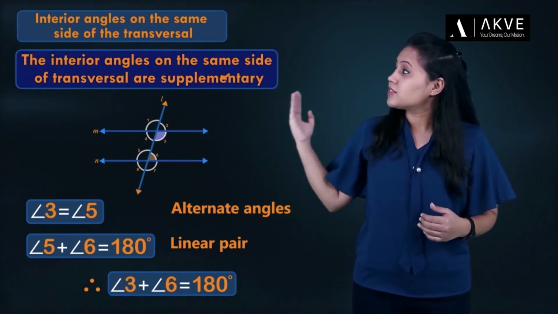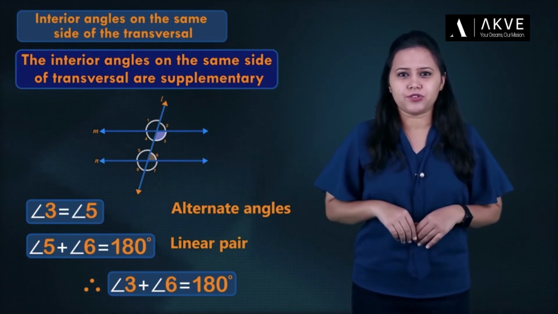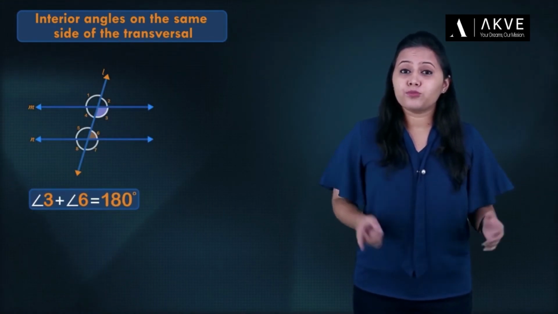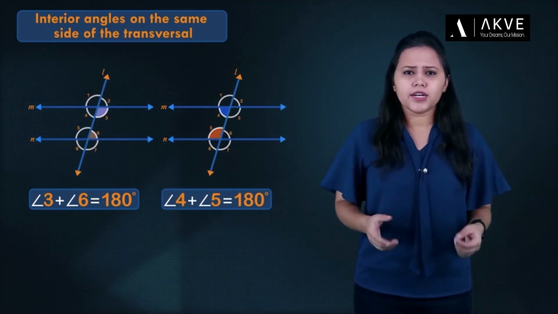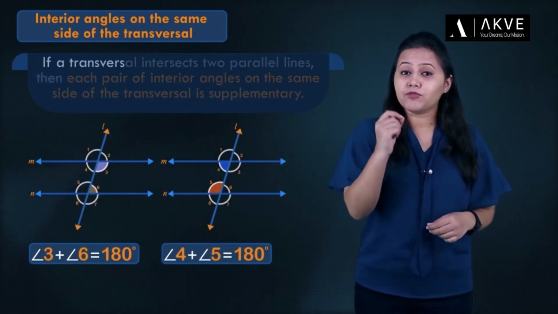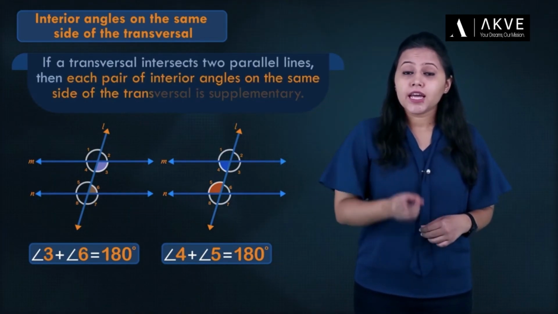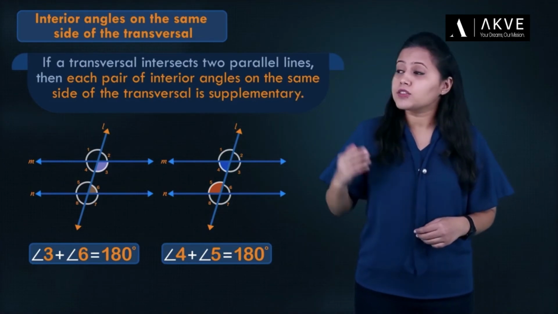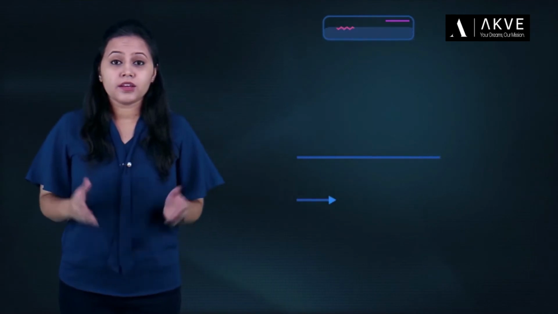This means the interior angles on the same side of transversal is supplementary. We can also prove the same for angle 4 and angle 5. This result can be stated as if a transversal intersects two parallel lines, then each pair of interior angles on the same side of the transversal is supplementary.